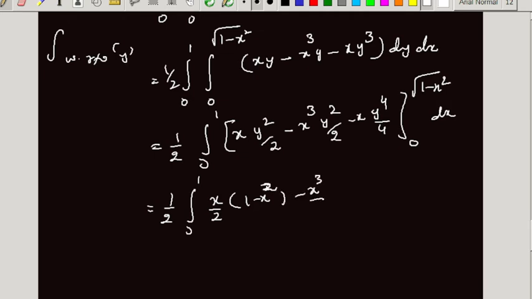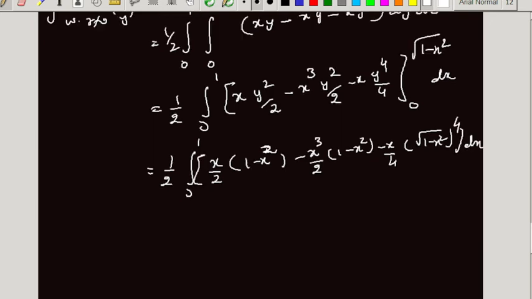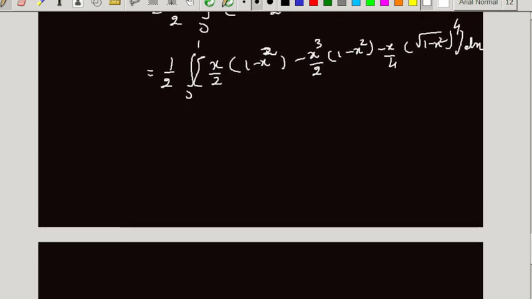Minus x power 3 by 2. Similarly y square, we get 1 minus x square by substituting. Minus x divided by 4. Here, if we square, power 4 is there, we integrate carefully 1 by 2.